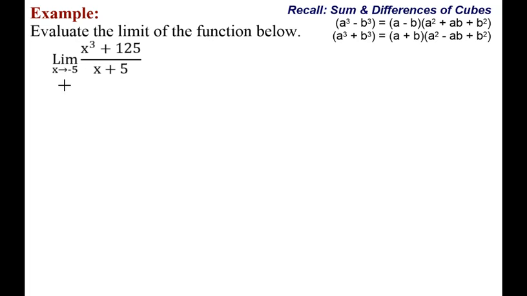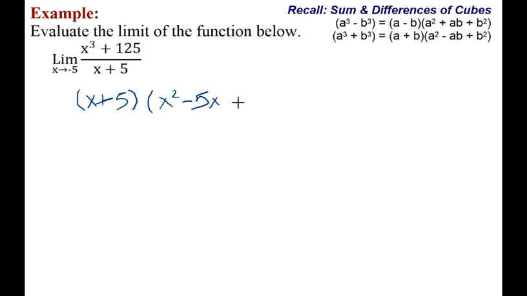So that numerator, according to our rules, using the sum and difference of cubes would factor to x plus 5. And then since that's your a and that's your b, that means that your a squared would be x squared minus your a times b, 5 times x would be 5x.